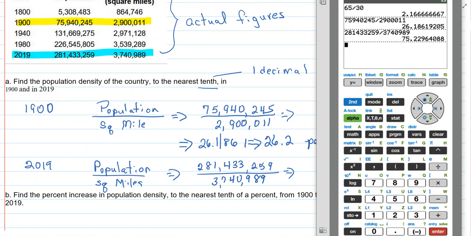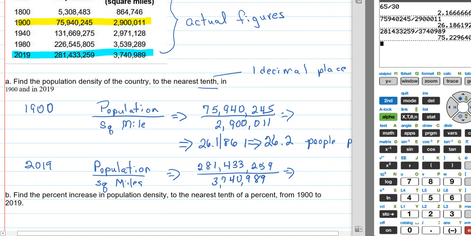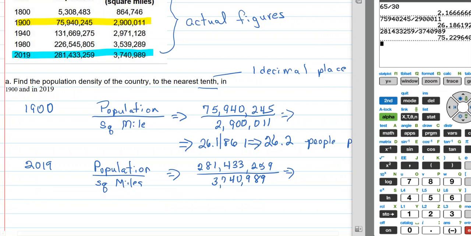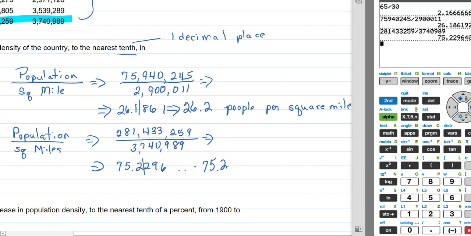All right. Well, we can see that what happened here is we have the number 75.2296 forever. We want one decimal, 75.2 people per square mile.